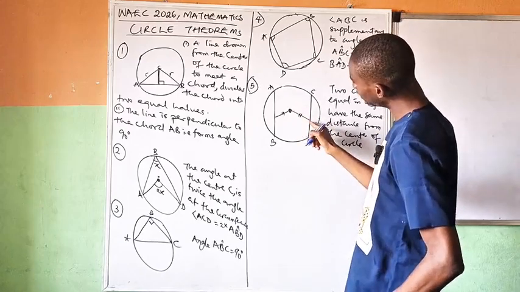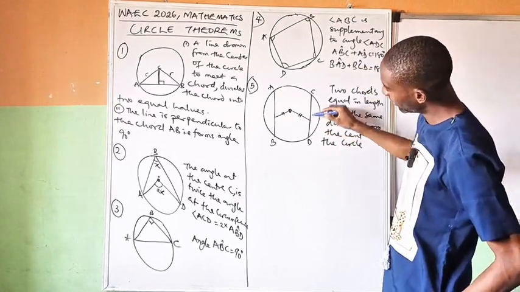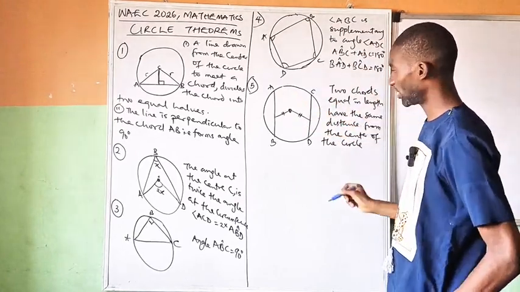So the distance between here and here and here and here are exactly the same, given that the length of this chord and the length of this chord are equal.